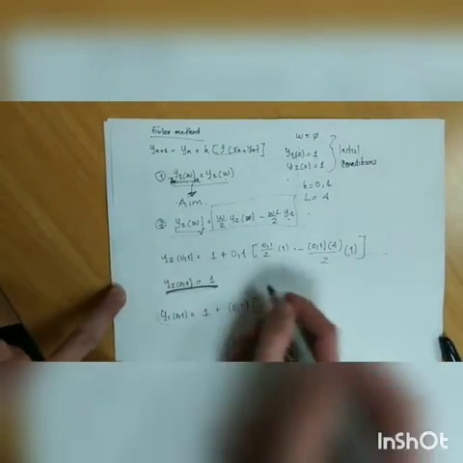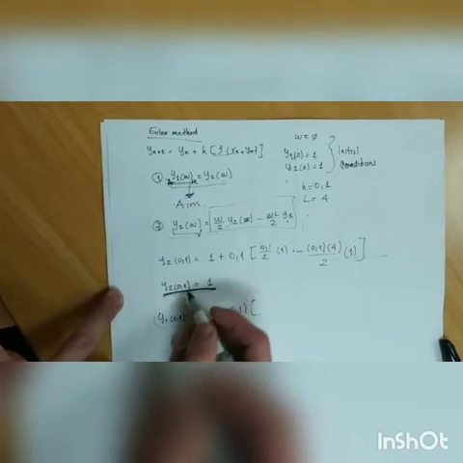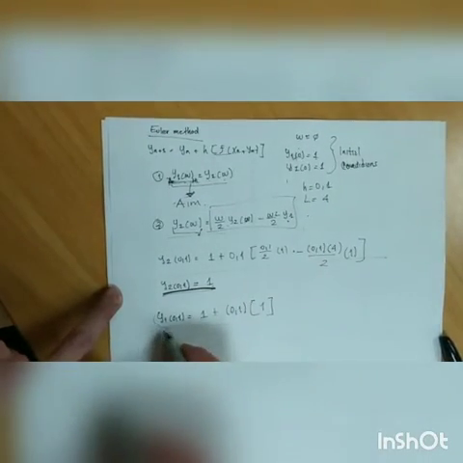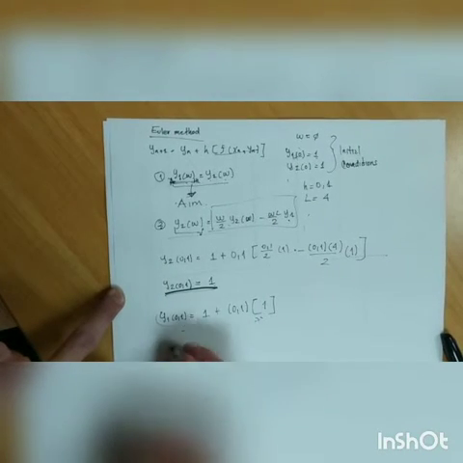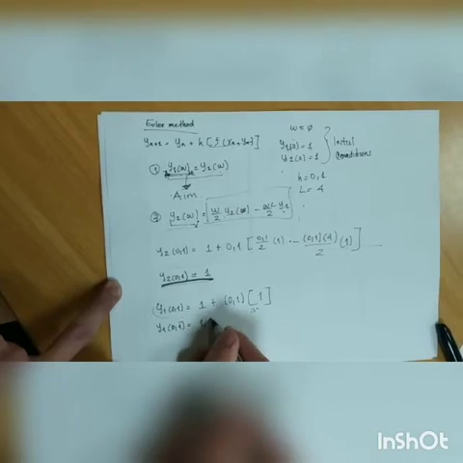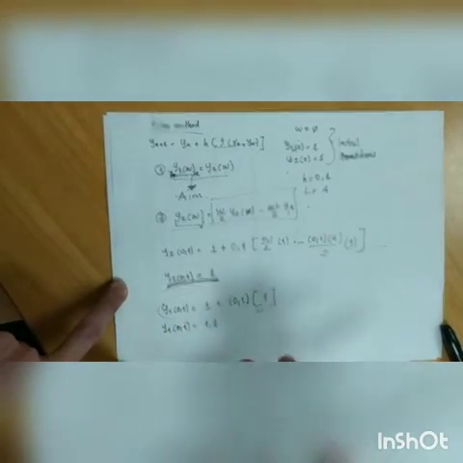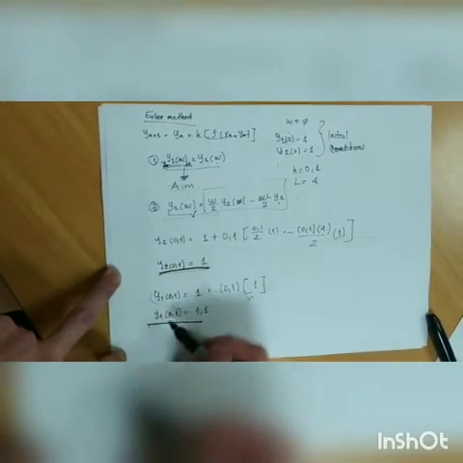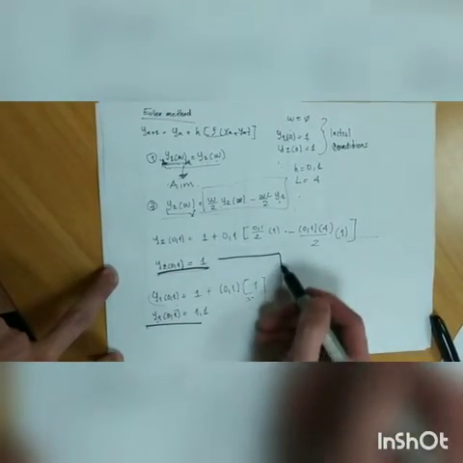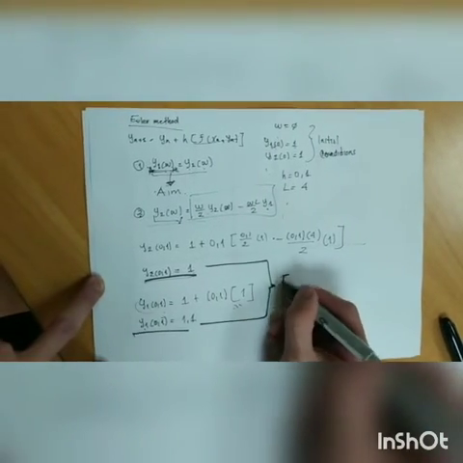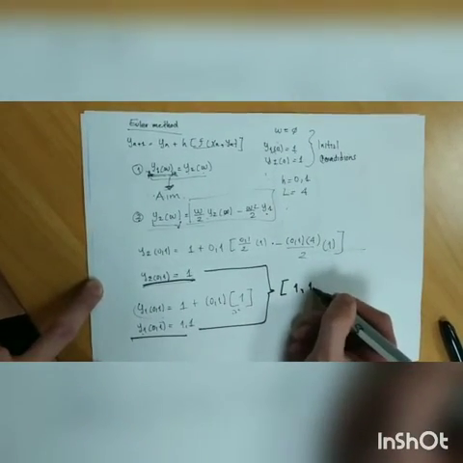We already know that y2 is equal to 1, so we just replace it with 1. When we resolve this equation, we know that y1 is equal to 1.1. So now we know the values of y2 and y1 in the next coordinate.